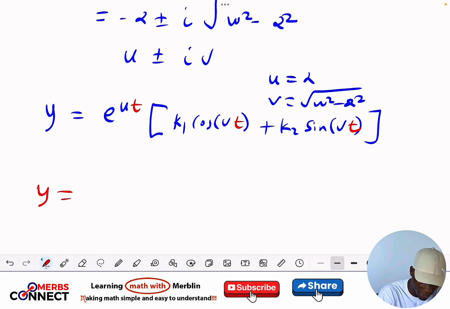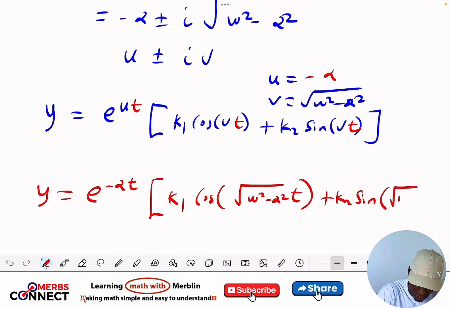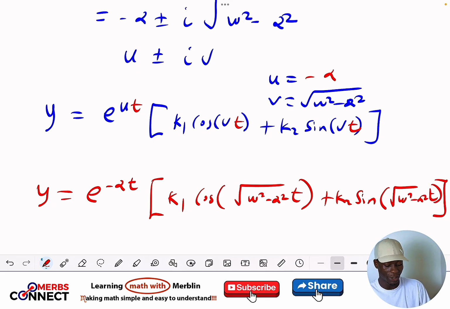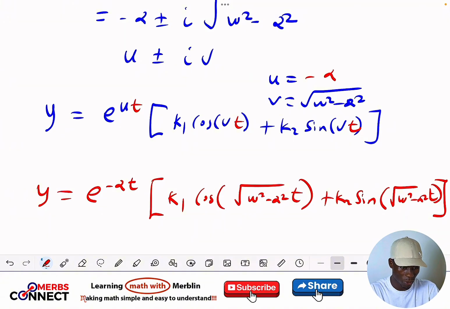This one gives us e to the power minus alpha t, in brackets k1 cos of the square root of omega squared minus alpha squared times t, plus k2 sine of the square root of omega squared minus alpha squared times t. So this is our general solution that we get from this question.